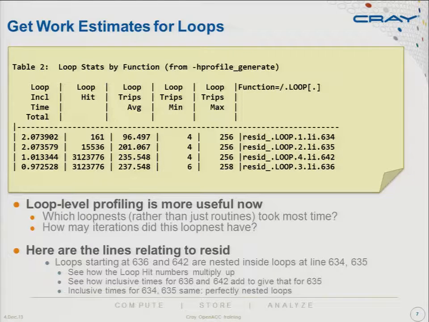I execute this loop nest 161 times. The trip count is sometimes small at 4 and sometimes big at 256. The mean trip count is 96. So that's really useful information. 256 is not bad. Loops with 256 iterations are probably big enough to work well on a GPU.